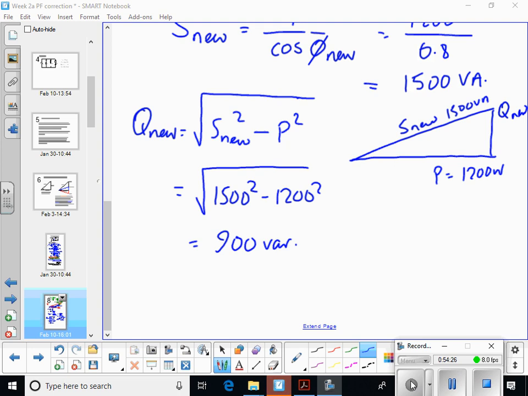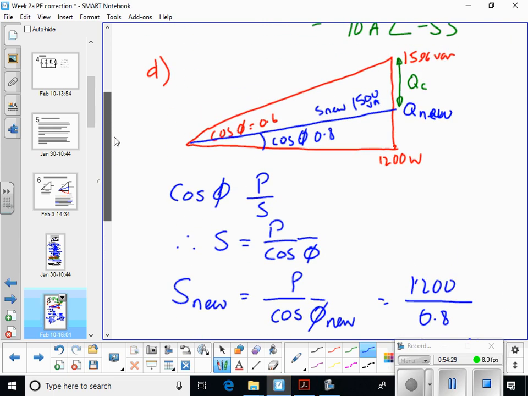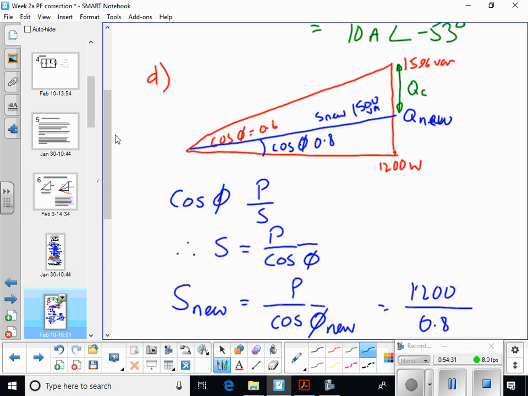Okay, so just going back up to our earlier diagram, we already know the old Q, we know the new Q, so now we can find the reactive power that's got to be provided by the capacitor.